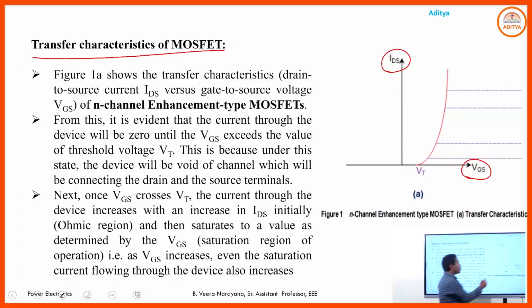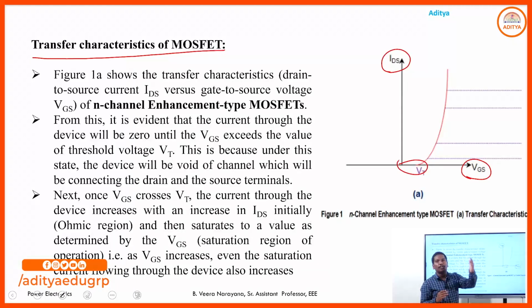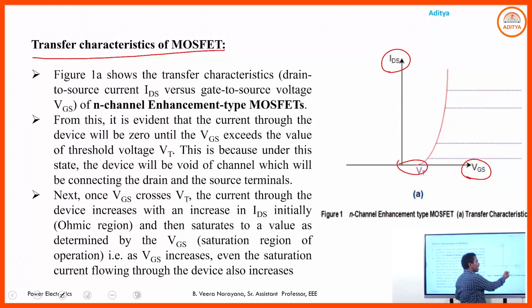Here, as long as the voltage across the gate source terminals is below the threshold voltage, there is no drain current. That means if you keep on increasing the voltage across the gate and source terminals, the number of electrons accumulated below the silicon dioxide layer increases. Those electrons will be sufficient to bring the MOSFET into the on state whenever the voltage across the gate and source terminals crosses the threshold voltage.